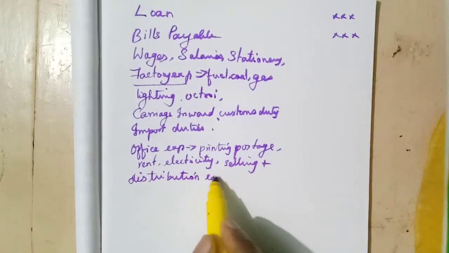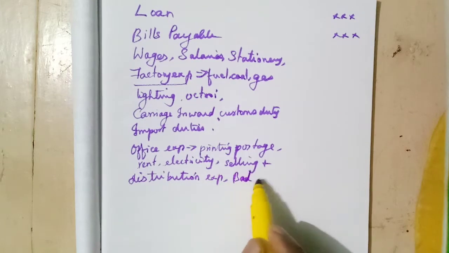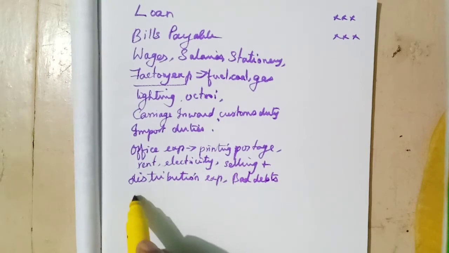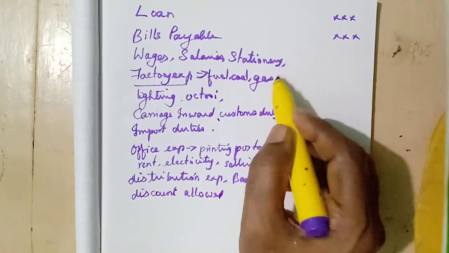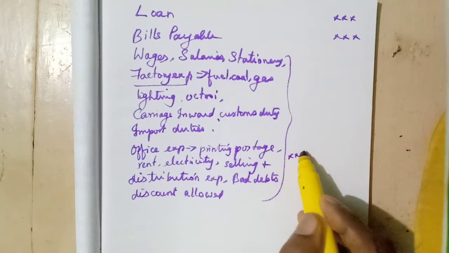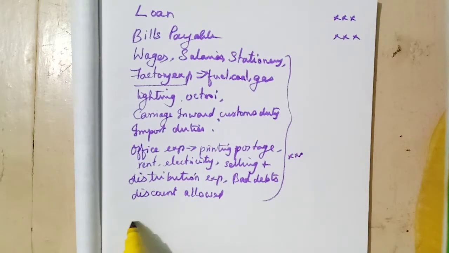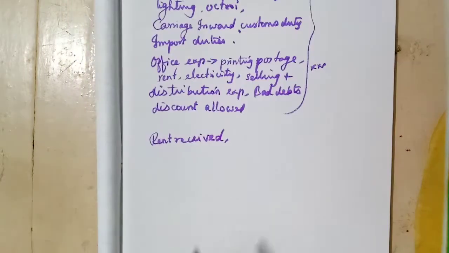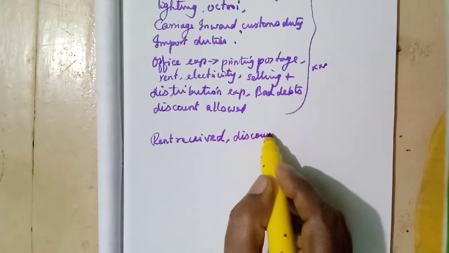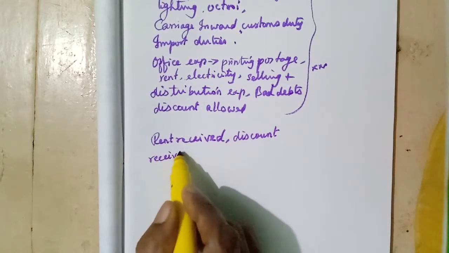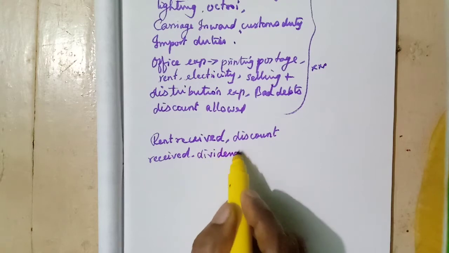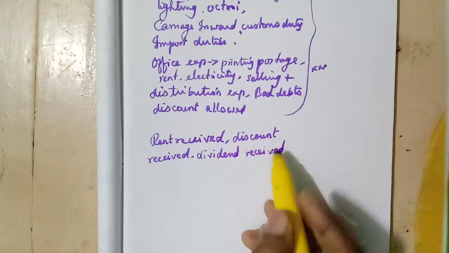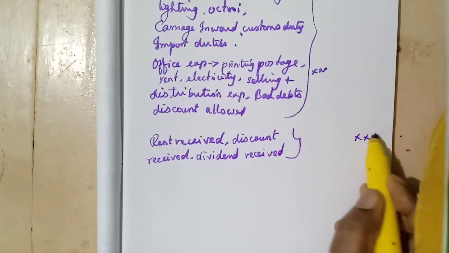Then all the losses, bad debts, then discount allowed. All these have debit balance. Then all the income: rent received, discount received, any dividend received. All these are income, so we need to credit.